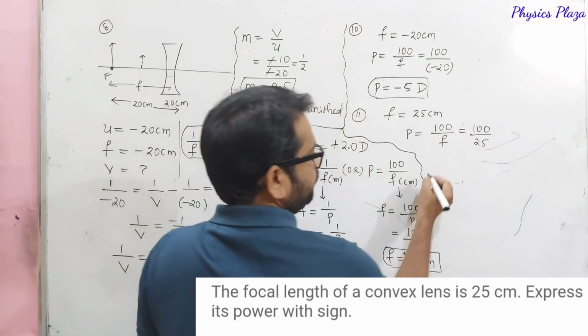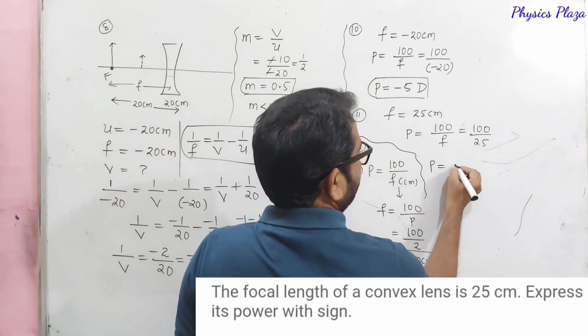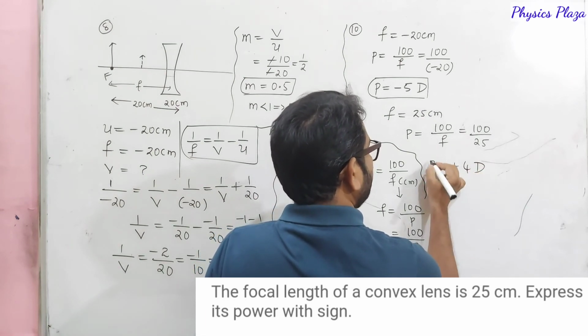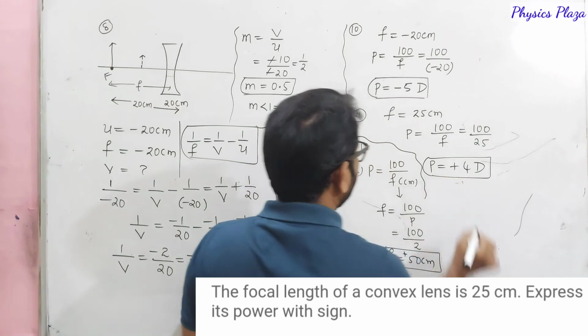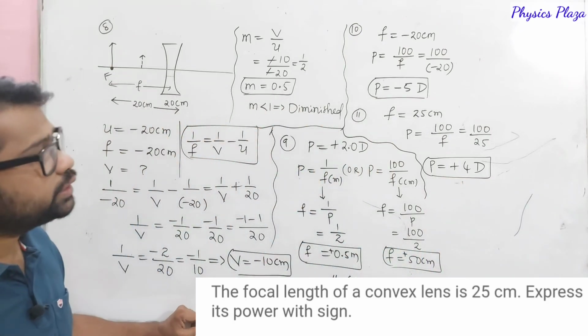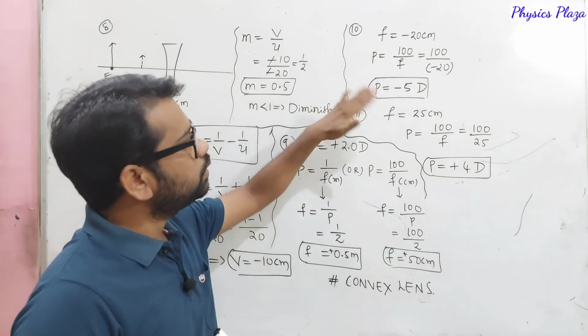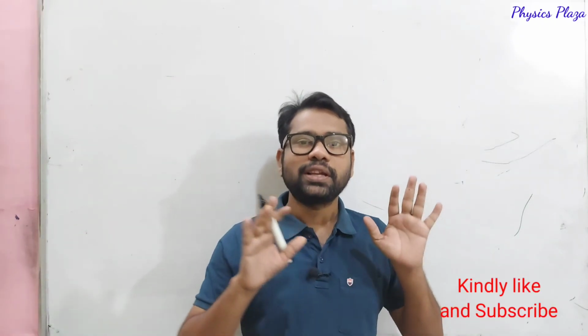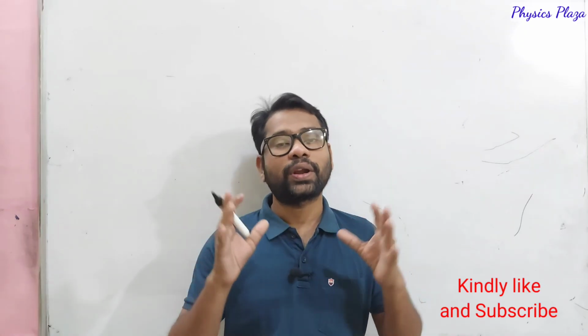So, P is equal to plus 4 diopters. So, this is how we can solve the even numericals based on focal length and power. So, children, these are the numericals based on convex lens and concave lens.